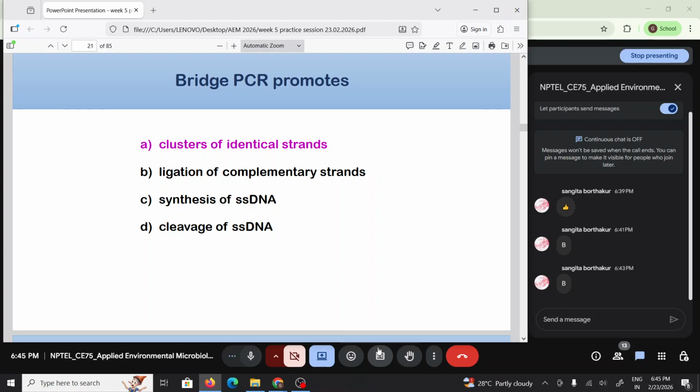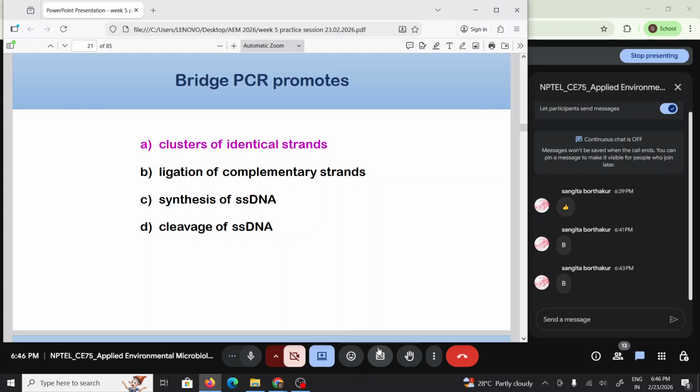So we have a DNA segment with two adapters. One side of the adapter is fixed to a solid surface, and on the other side it is free. When it finds the complementary surface, this DNA fragment bends and anchors, and hence we call it a bridge PCR because it forms a bridge kind of structure. After this, the DNA polymerase comes into the picture again to synthesize the complementary strand.